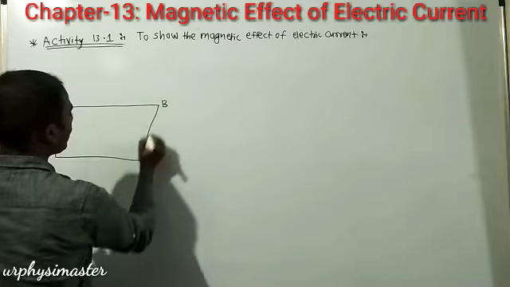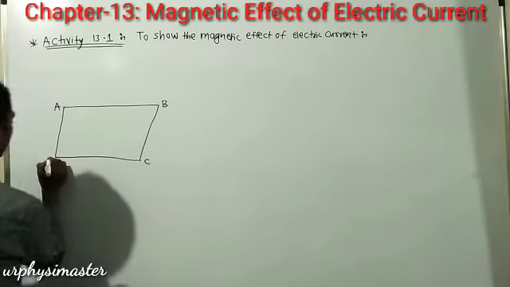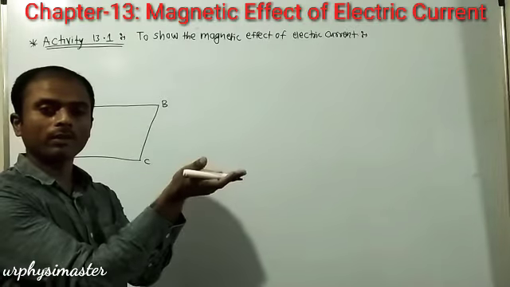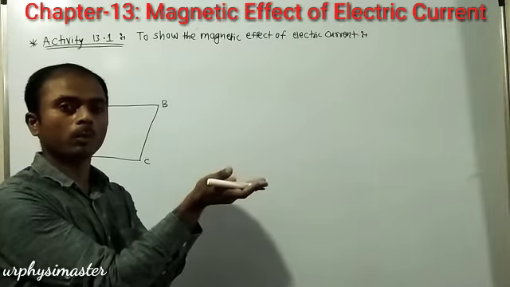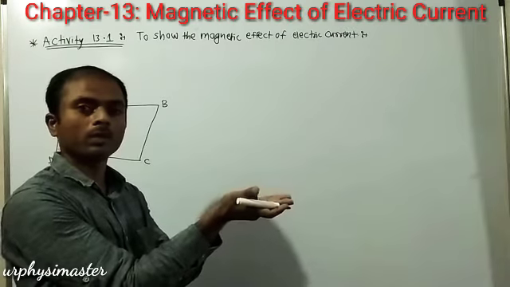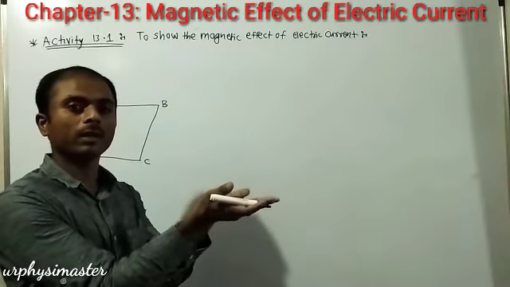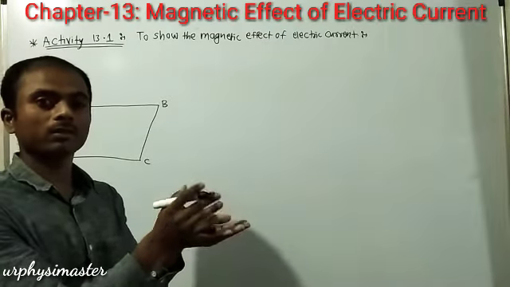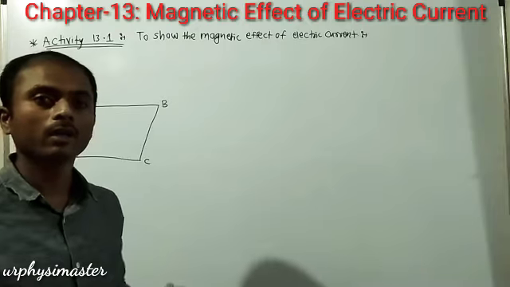It is named ABCD. This is a rectangular cardboard, and a white paper is stuck on that cardboard.